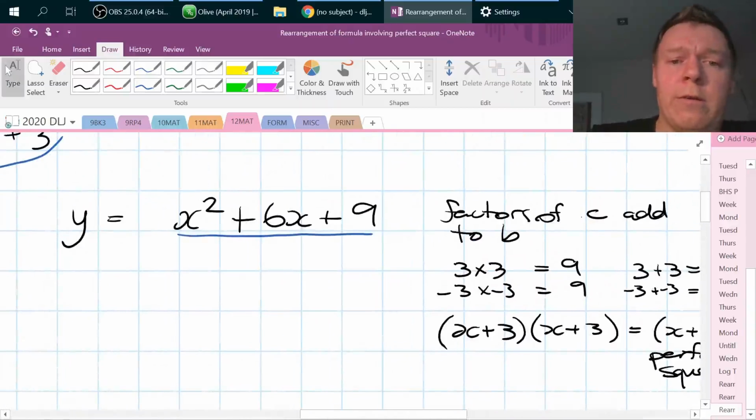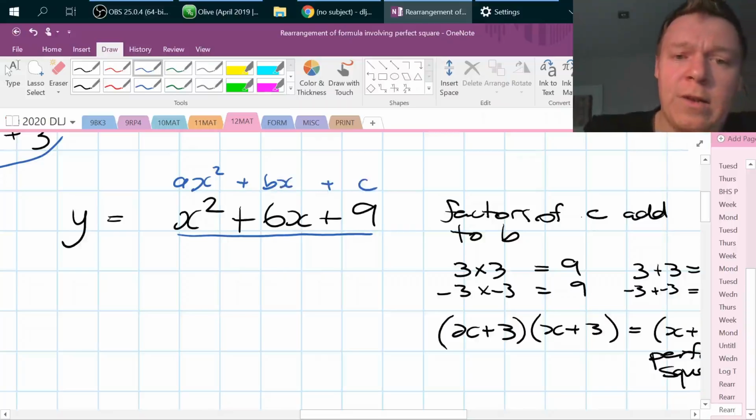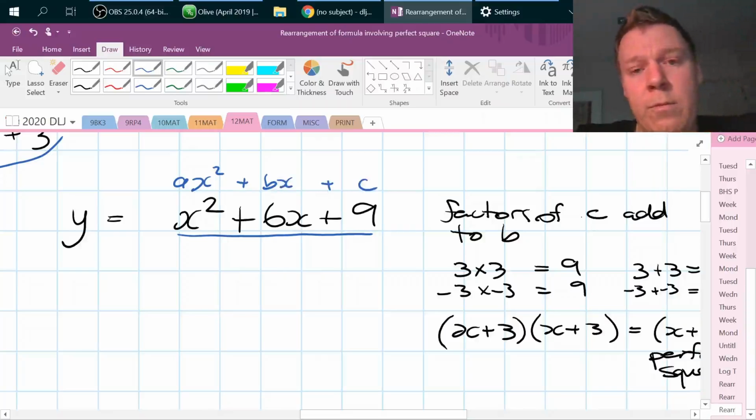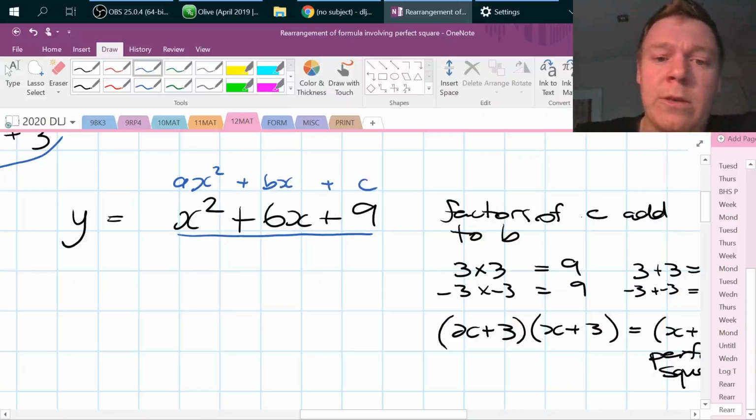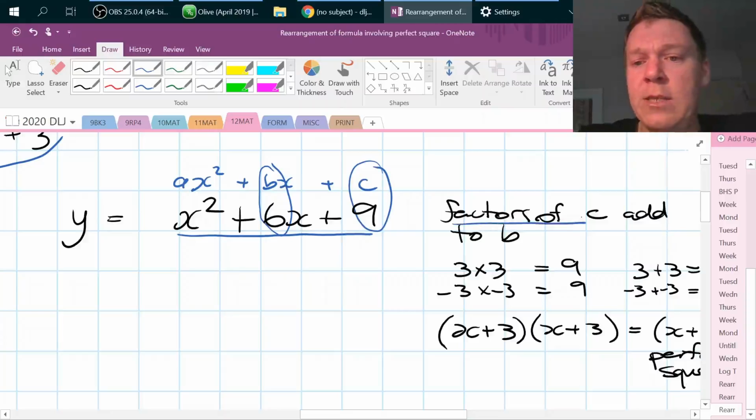So generally a quadratic is in the form ax squared plus bx plus c. So just to jog your memories, we want the factors of c to add to b. Factors of c add to b.